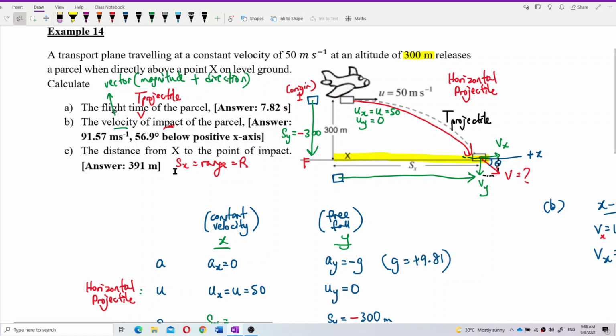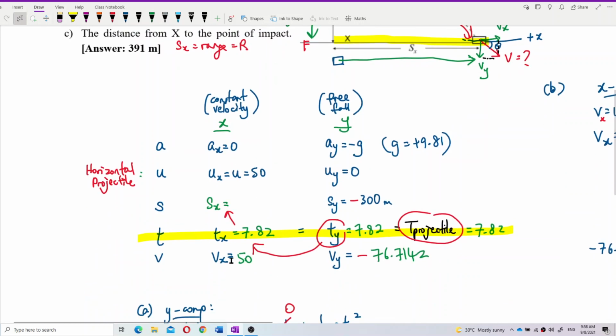So this is the x component, which is this one. We have so many information here already. You can use the v, the t, the u, the a. We have 4 information to get the one unknown. So there are many equations you can use to find s. You can use v equal to u plus at, s equal to ut plus half at square, or v square equal to u square plus 2as to find the s.